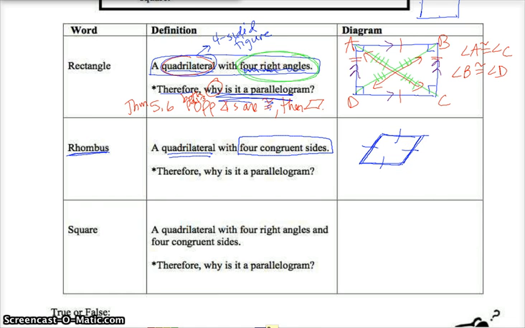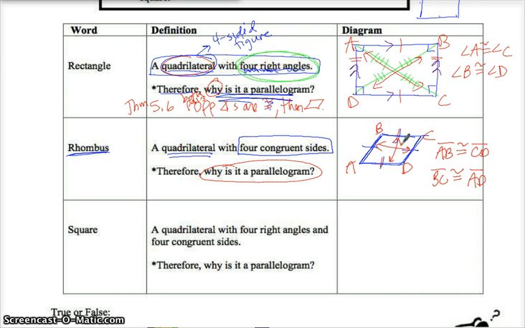Okay, well, if all four sides are congruent to each other, why does that tell us that we have a parallelogram on our hands? Well, again, if I label this A, B, C, D, this time I can say segment AB is congruent to segment CD, and I can say segment BC is congruent to segment AD. Why am I doing those specific pairs?